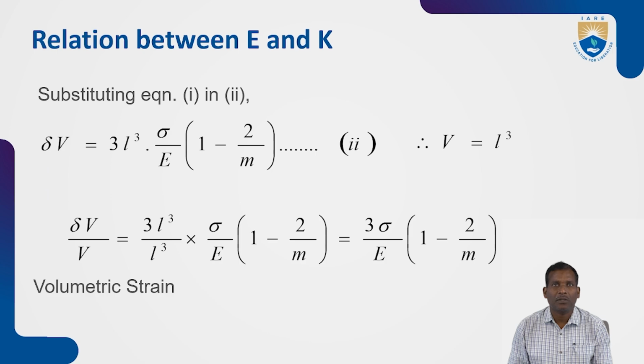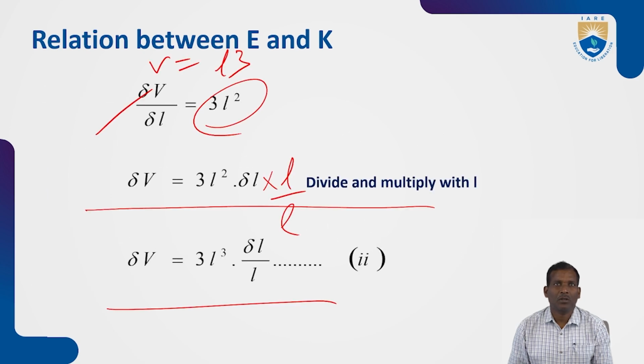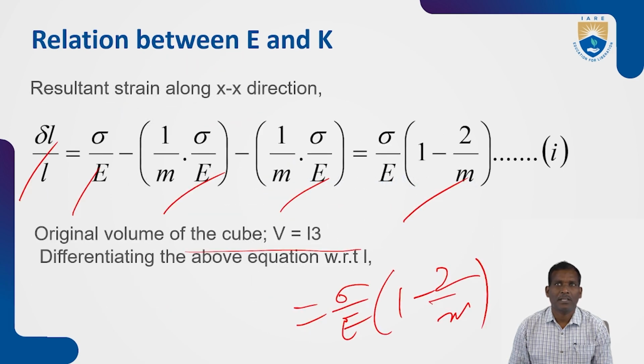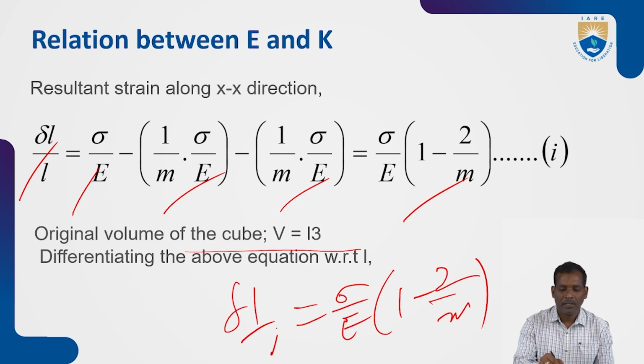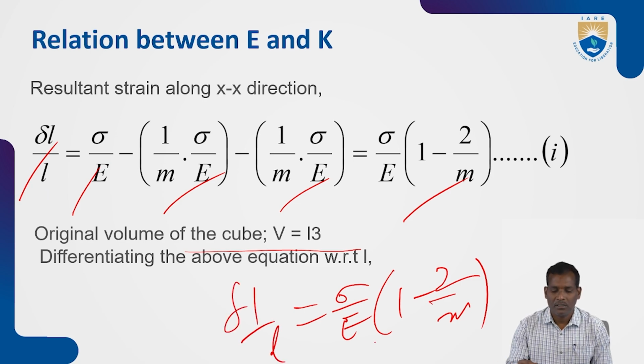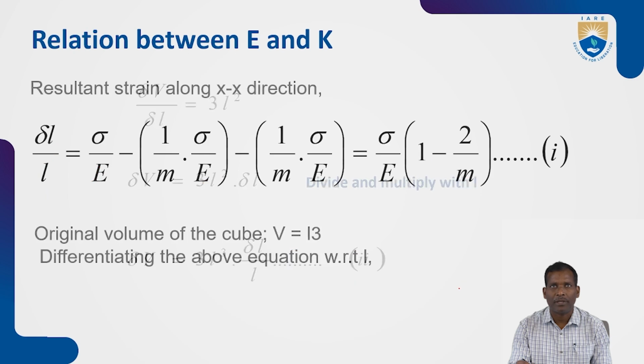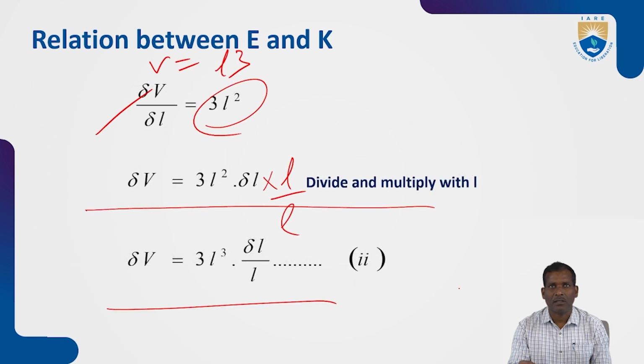So now substituting equations 1 and 2. The one equation is delta L by L is equal to sigma by E into 1 minus 2 by M. Substitute in this equation.